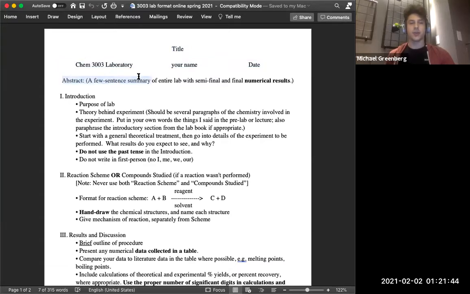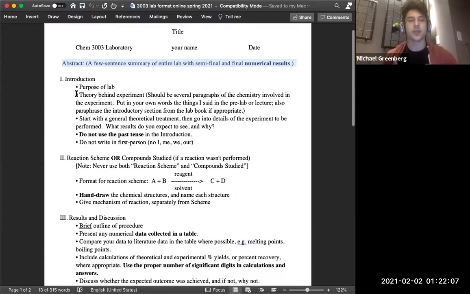Then you're going to have an abstract, which is about 120 or less words, summarizing the entire lab with your final numerical results. So it should have like 1 or 2 sentences from the intro, 1 or 2 sentences from the results, 1 or 2 sentences of discussion, and then 1 or 2 sentences of conclusion, all including the final numbers and results.